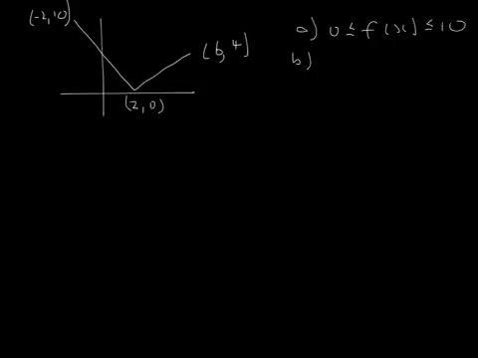In part B, we're asked to find f of 0. So if we put 0 into this function, we get this value here. This is 2, 0. This is minus 2, 10. It's a straight line, so halfway along must be 0, 5. So f of 0 is 5.